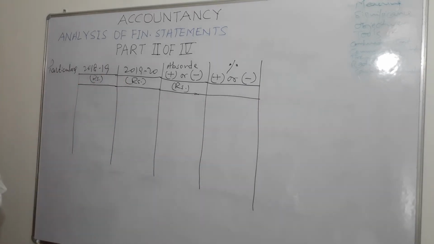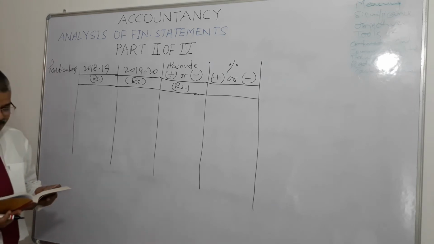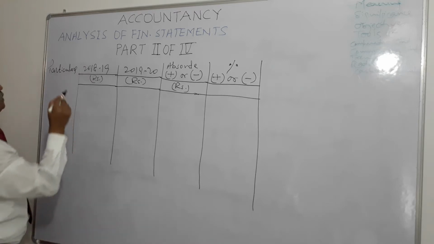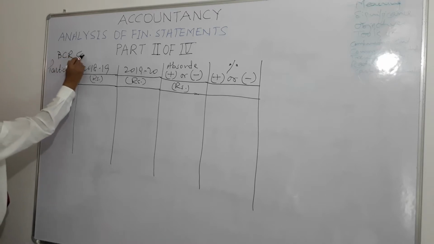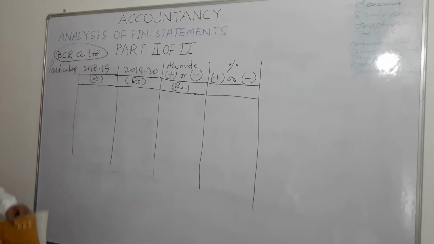Now the sum says, let us do a sum. Convert the following statement of profit and loss into the comparative statement of profit and loss of BCR Company Limited. This is the company we are talking about.